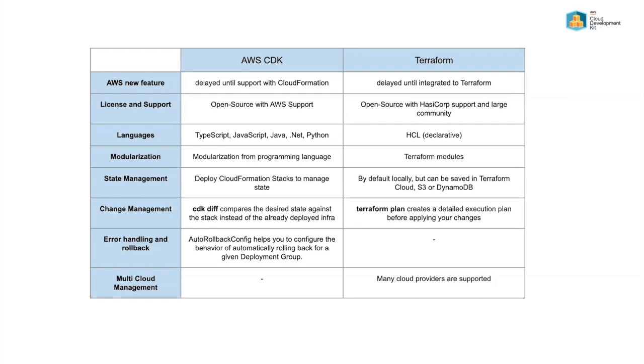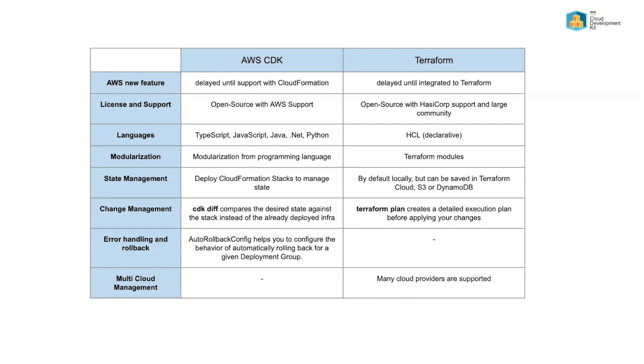Change management: how the tool manages the changes between infrastructure and your code. With CDK, we have cdk diff that compares the desired state against the stack instead of the already deployed infrastructure. While with Terraform plan, you can see directly the changes between your infrastructure and your code.